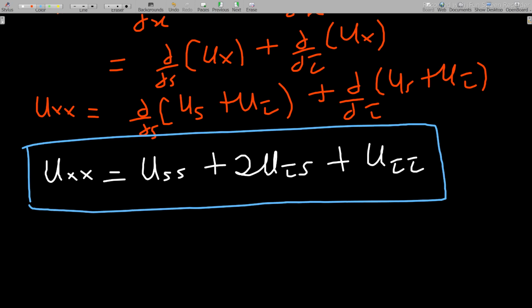Now let's go ahead and find U_XT. So you know that U_X is equal to U_S here plus U_tau.